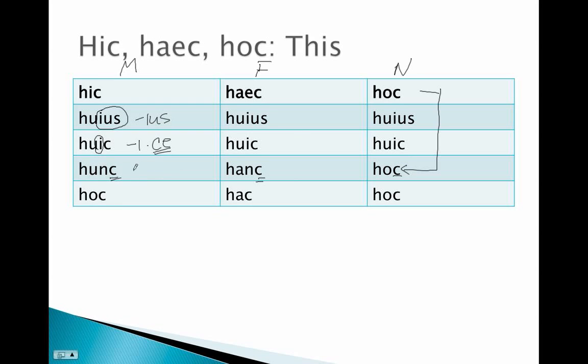But otherwise you get what looks an awful lot like hum, but that C shifts that M to an N. So hunc, hanc, hoc. And then the ablative hoc, hac, hoc. These look like ablative endings, long O, long A, long O, with that deictic C, that pointer. So hic, haec, hoc, huius, huic, hunc, hanc, hoc, hoc, hac, hoc.